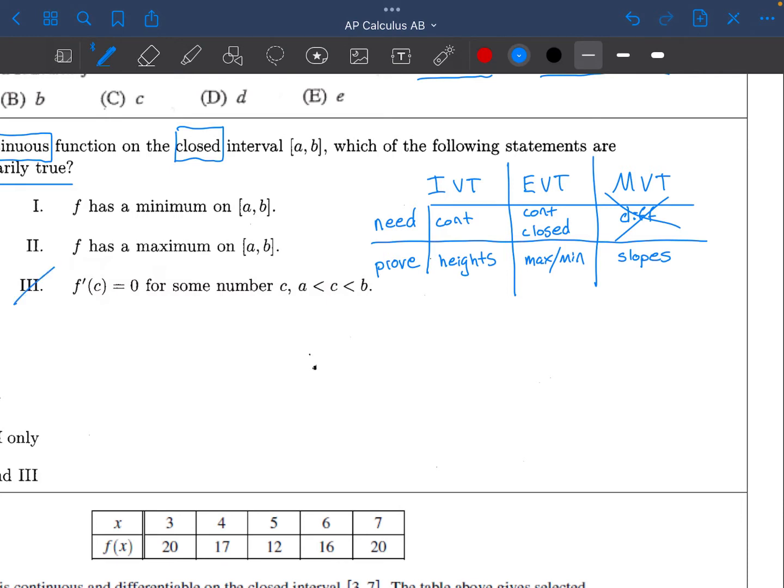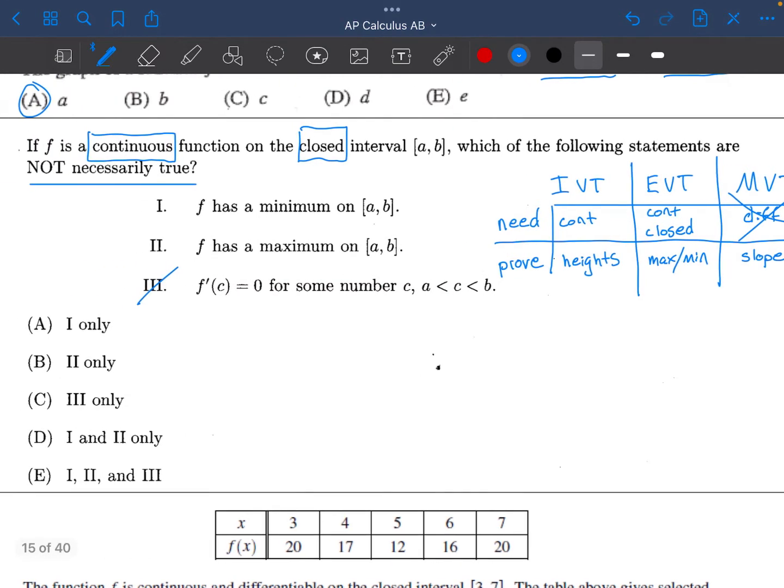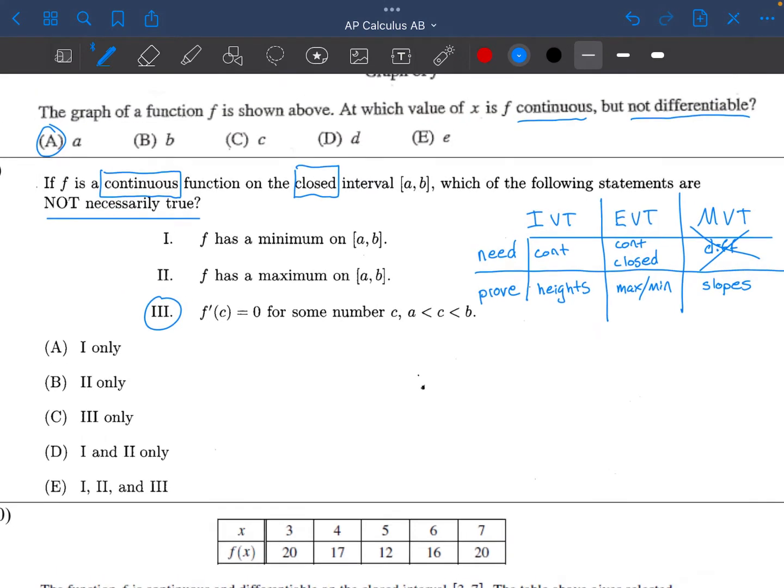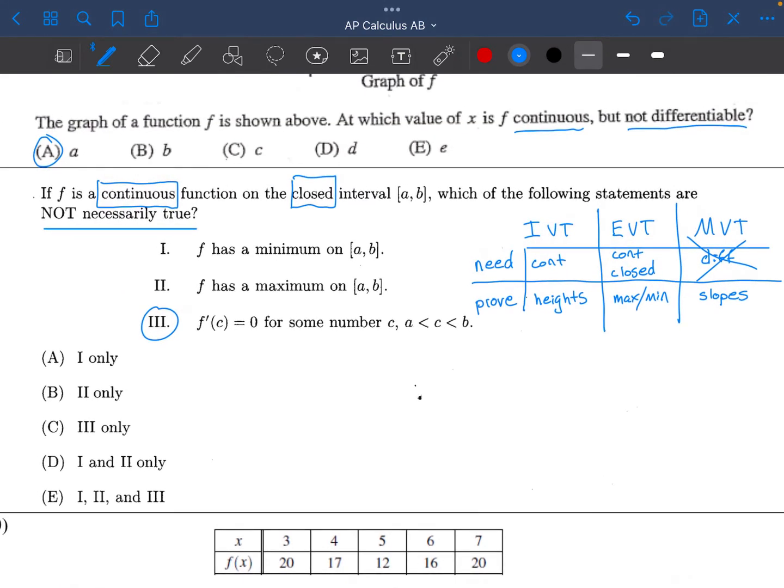So cross off 3. Wait a sec, we're choosing something that is not necessarily true. I was going backwards, so I have to be really careful here. I would say that 3 is not necessarily true because MVT has not been guaranteed. And what about 1 and 2?